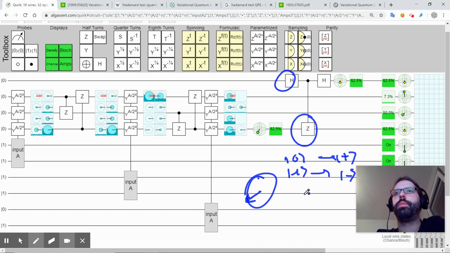So when you apply Hadamard again here, what is this going to be the measure?